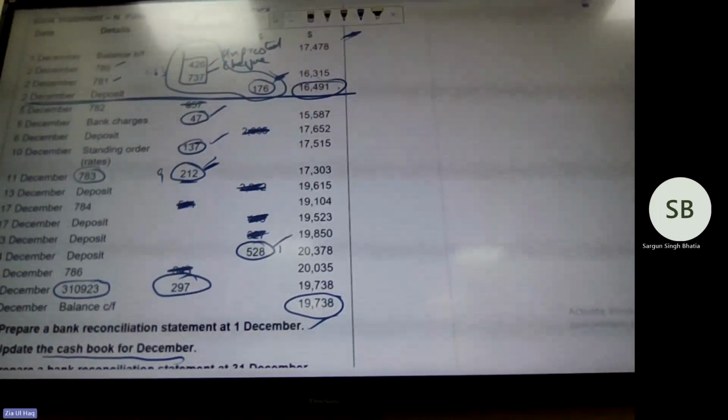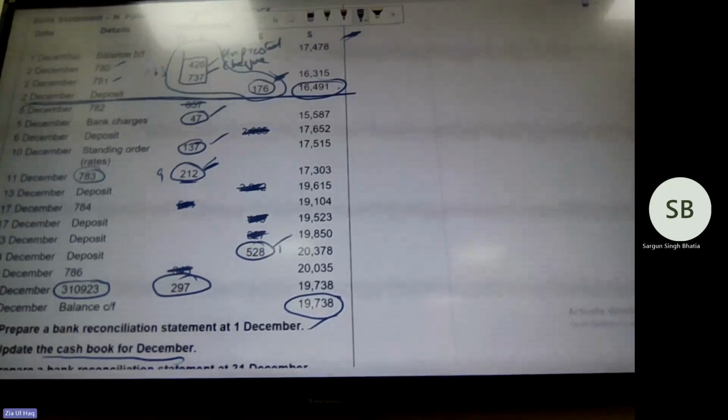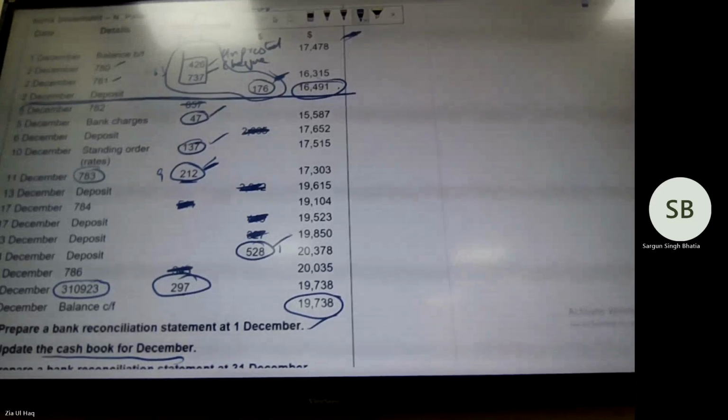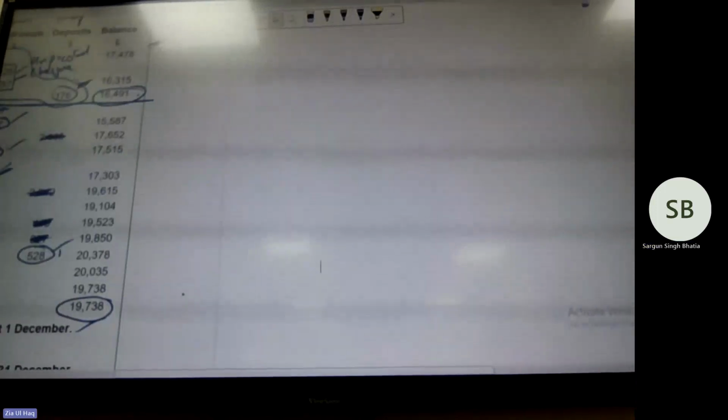Is that our benefit or loss? This amount has been debited to our account, so we need to credit it to our bank statement. So it's a loss. To adjust this, loss should be added.